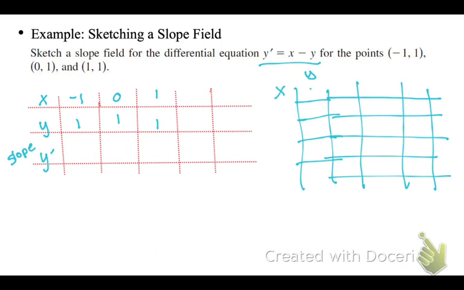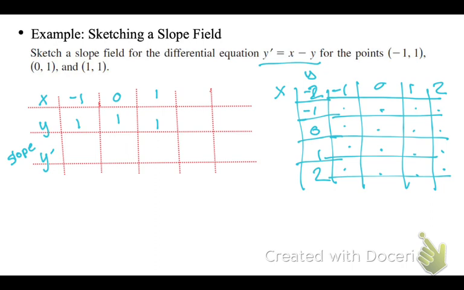So I go -2, -1, 0, 1, 2, and then -2, -1, 0, 1, 2, and I do it like a multiplication chart. And so in here are all my slopes. Does that make sense? Because to me, it visually transfers over into a slope field much easier than just doing this big, long, obnoxious chart.